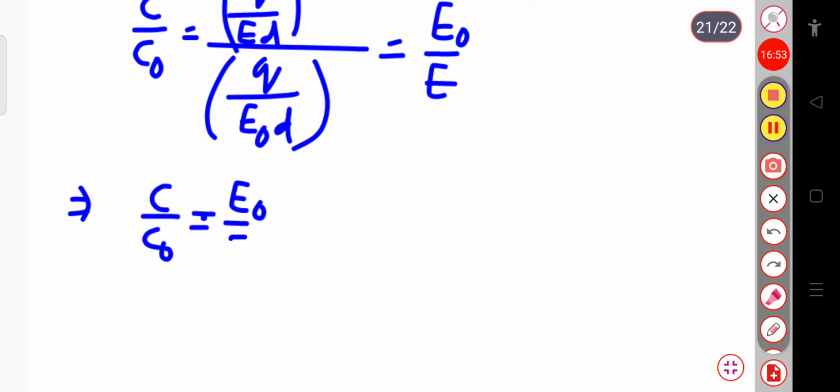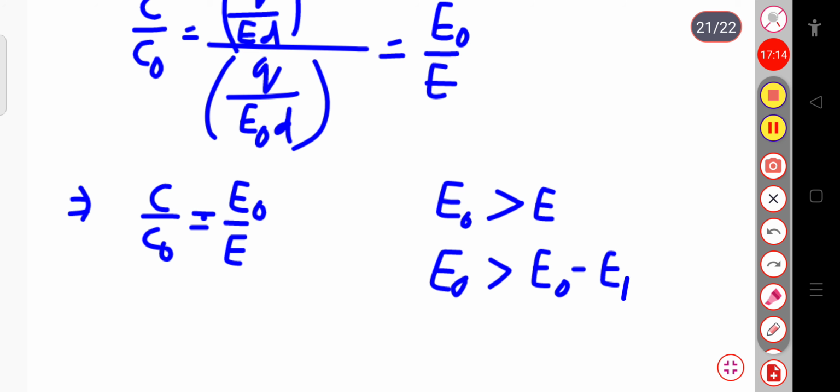Again, we know E naught means without dielectric, the external electric field, and this will be greater than E, where E is E naught minus EP.